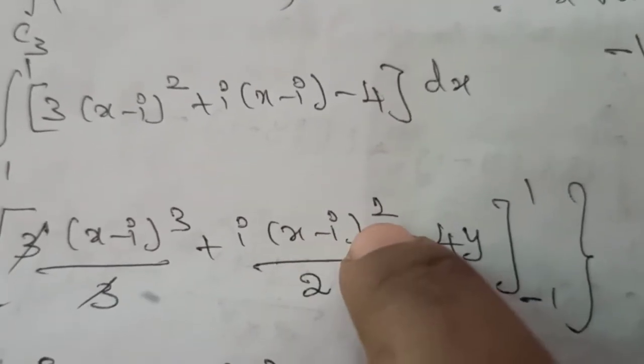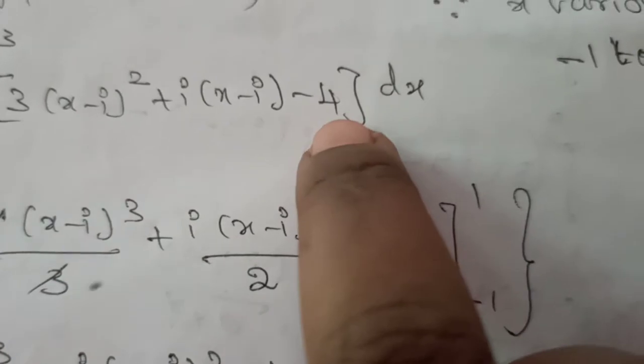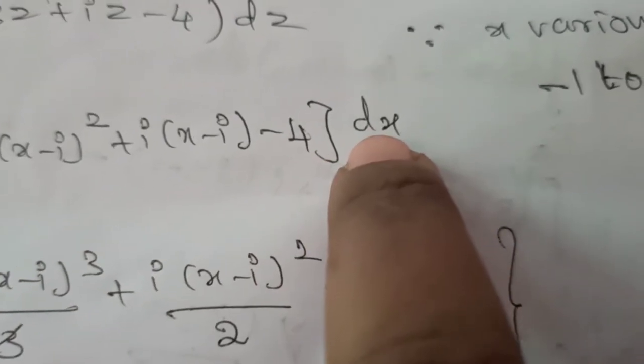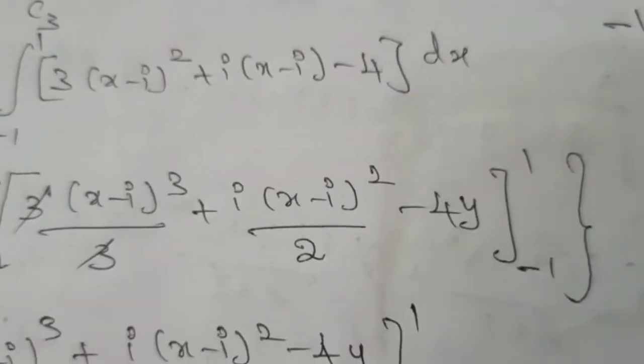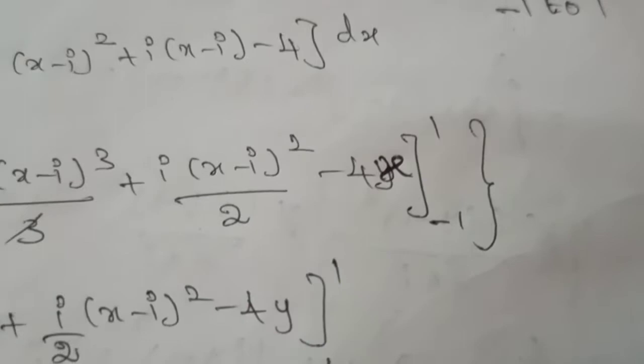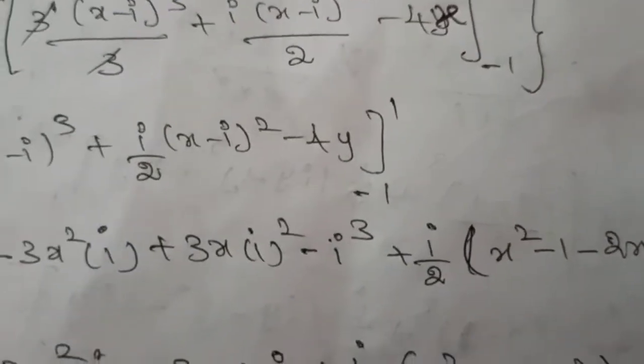So that is x minus i the whole square divided by 2 minus 4 into integration of dx value, actually integration of dx value. Now a correction here, actually we have the x variable, so give a correction here.